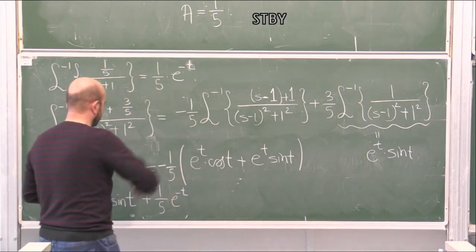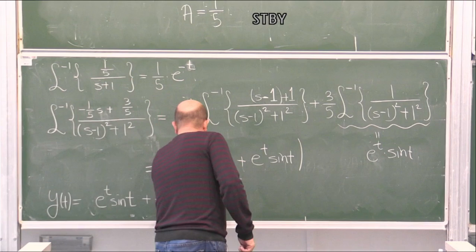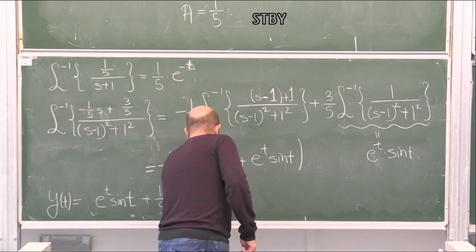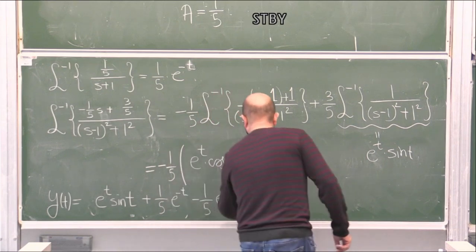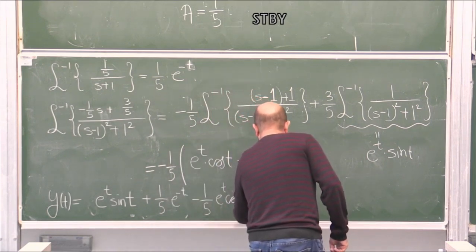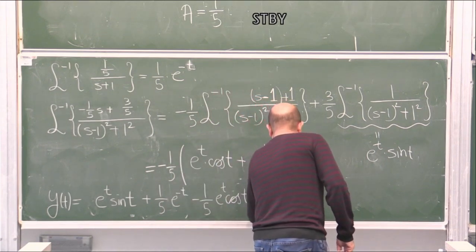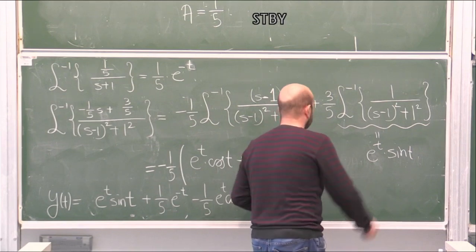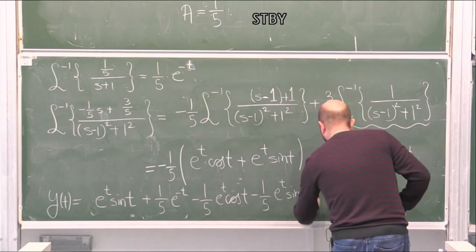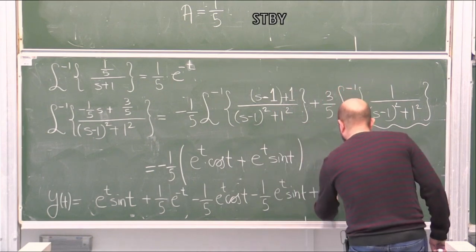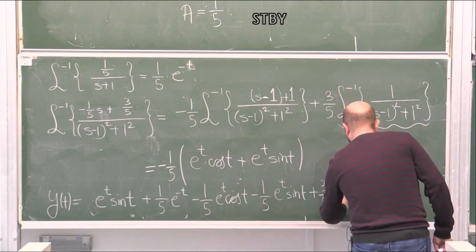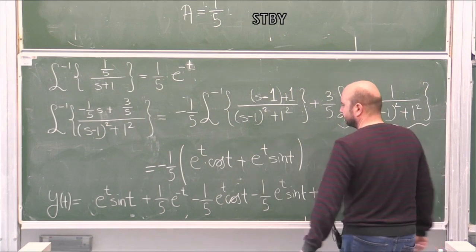And then now these things, which are minus 1 over 5 e to the t cosine t, minus 1 over 5 e to the t sine t, plus 3 over 5 e to the t sine t.